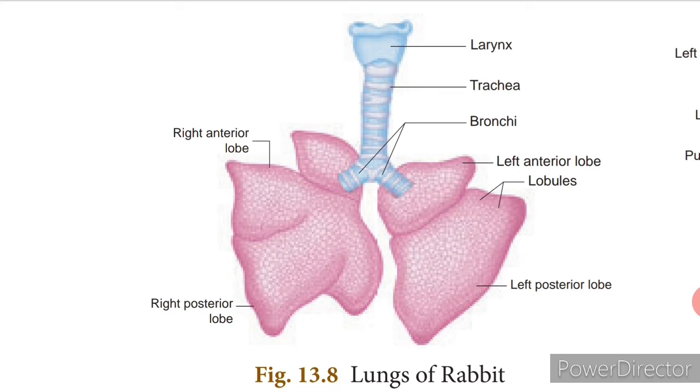Air passes from the nostril into the pharynx, isn't it? Thus, pharynx leads to the larynx, which is called the voice box, which again leads to the trachea or the windpipe. Beneath the larynx, you have the trachea. Now, this trachea is nothing but the windpipe.